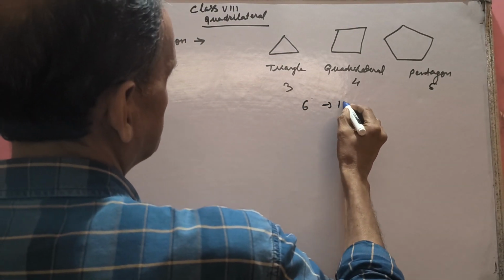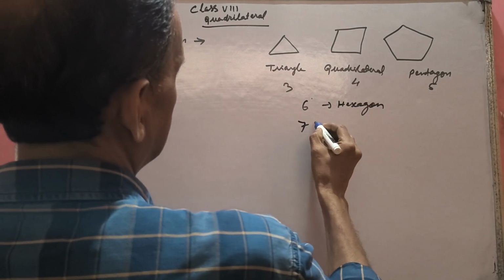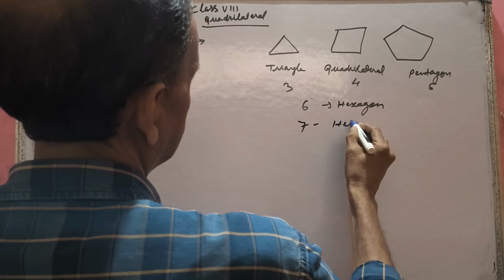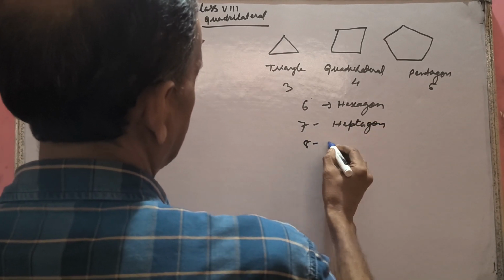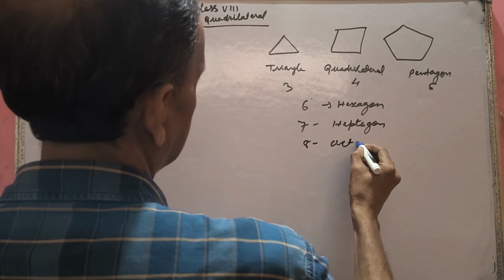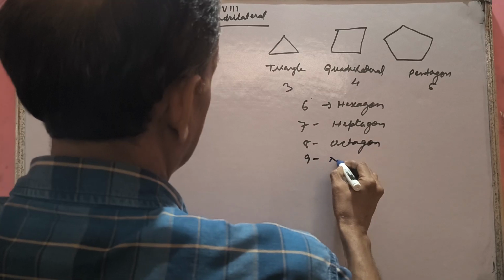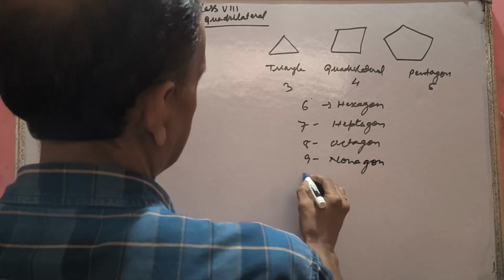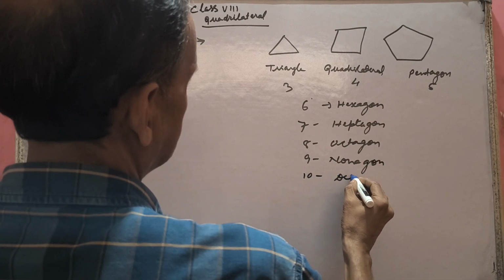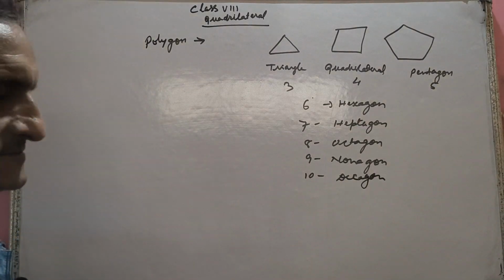Seven sides is called heptagon, eight sides is octagon, nine sides is nonagon, and 10 sides is decagon. These are the names of the polygons.